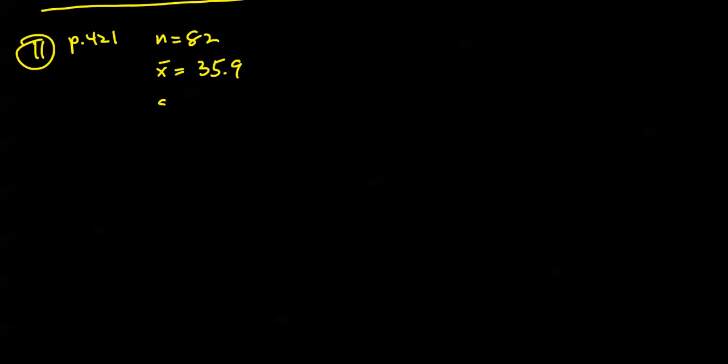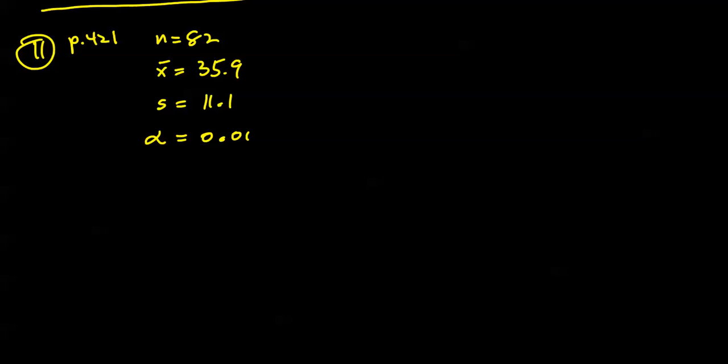And the sample standard deviation is 11.1 in years. Use a 0.01 significance level to test the claim. Right? I see those three words, test the claim, and I know that either H0 or H1 is going to follow. Test the claim that the mean age of actresses when they win Oscars is 33 years.